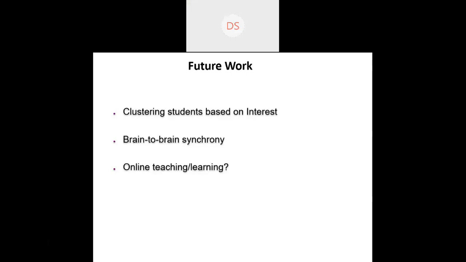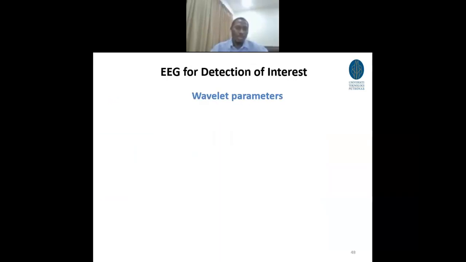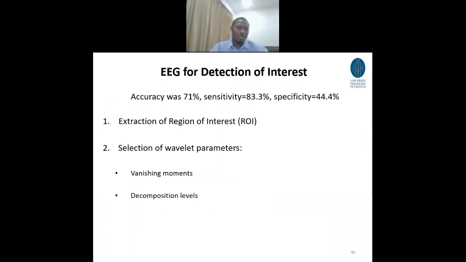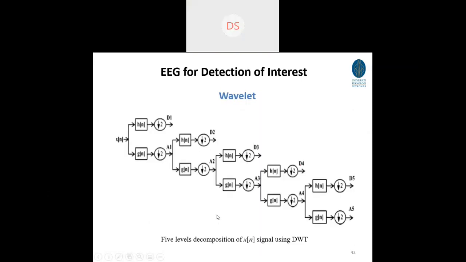So the first decomposition is not wavelet, it's just the EMD. The EMD actually just writes the signal as a sum of signals, the IMFs. Once we get these signals, we apply the wavelet on them, so we get a set of coefficients for each of the signals that we can combine into a vector and use for classification.